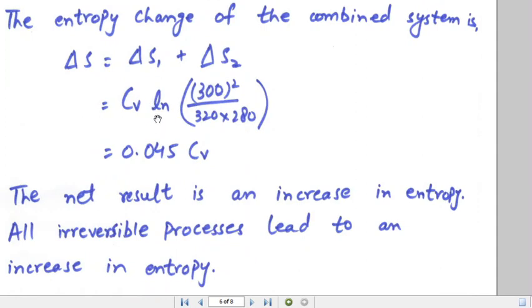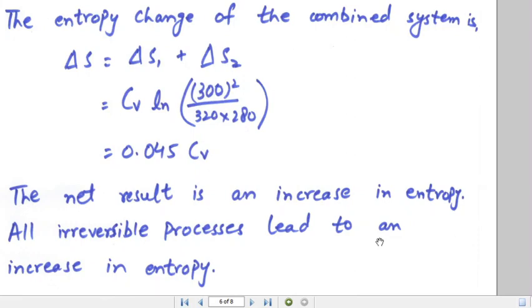This will give you Cv log of 300 squared divided by 320 into 280, and you will have a value of 0.045 into Cv. That is, the net result is an increase in entropy of this combined system. What we can conclude here is that all irreversible processes lead to an increase in entropy of the system.